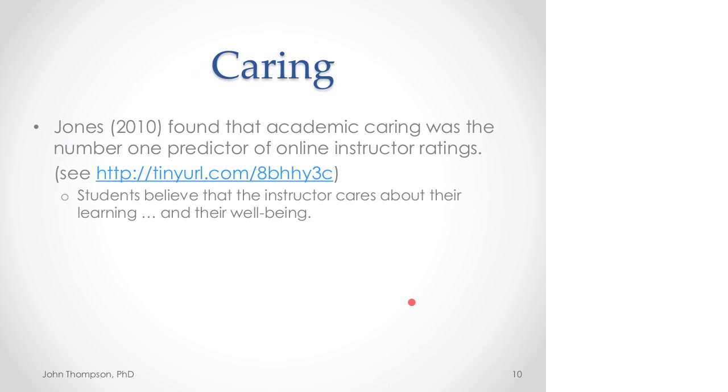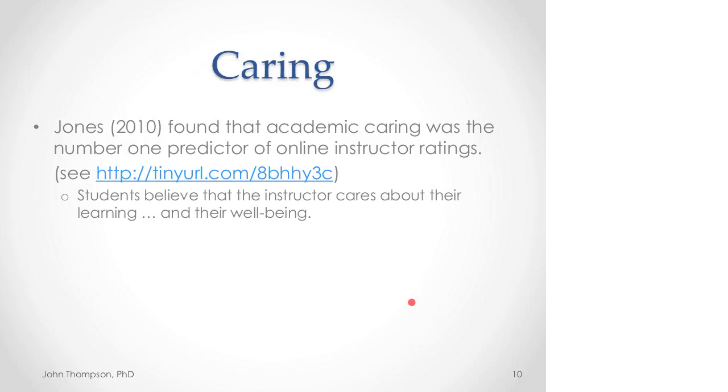Again, caring. Jones, a year later, again. Academic caring is the number one predictor. So if you didn't have an incentive to be caring and empathetic, here's the reason why. If you want your instructor ratings, your course evaluations to be impacted positively, show more compassion, more empathy, more caring.